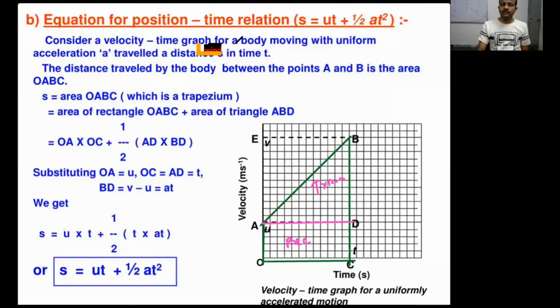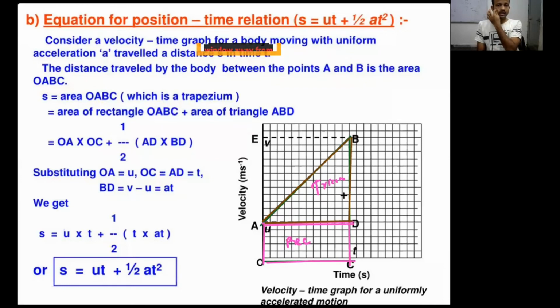I'm taking different colors for this. We have to find the area of the triangle ABD, and also the area of the rectangle. So to derive s equal to ut plus half at square, this area we are splitting into two parts. The first part is the triangle and the next part is the rectangle.